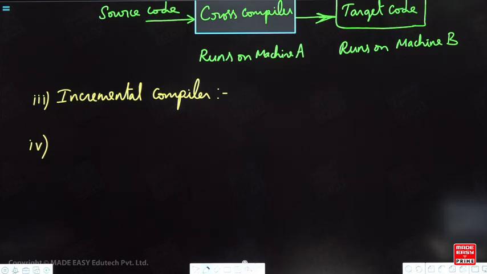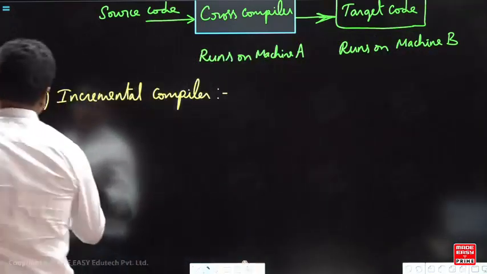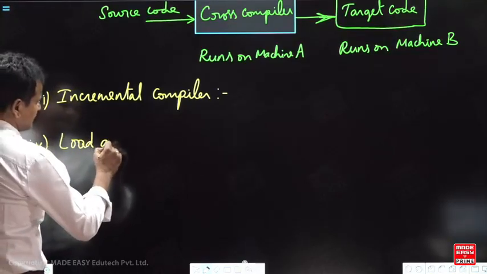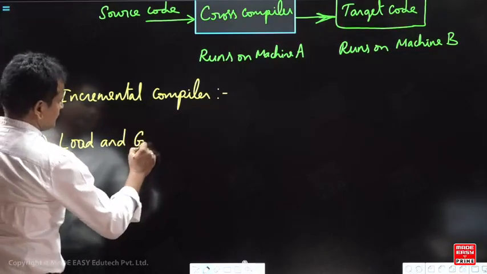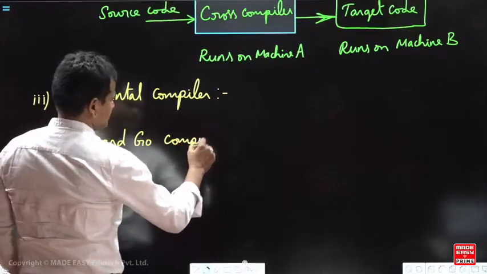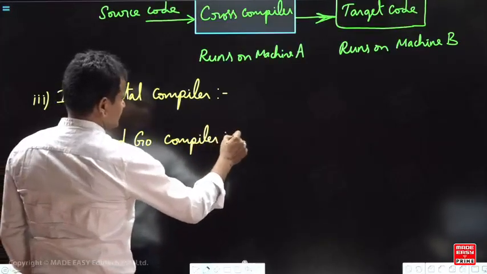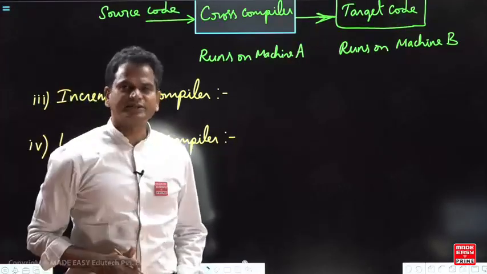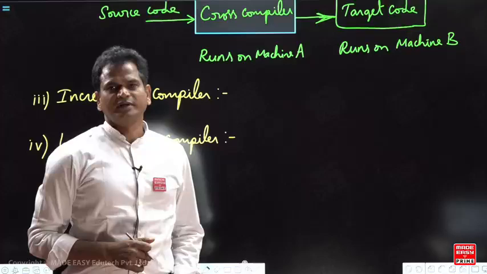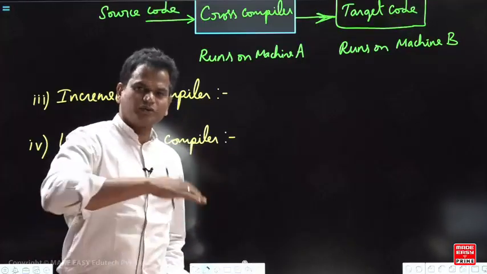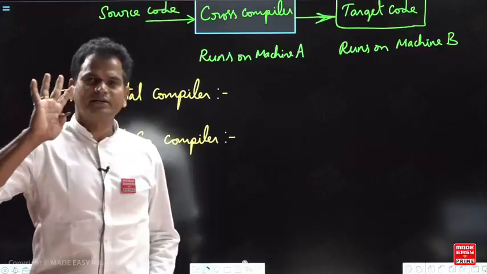Okay, next, load and go compiler. It takes the source code and directly executes it. It takes the source code, converts it to machine code, and directly executes.